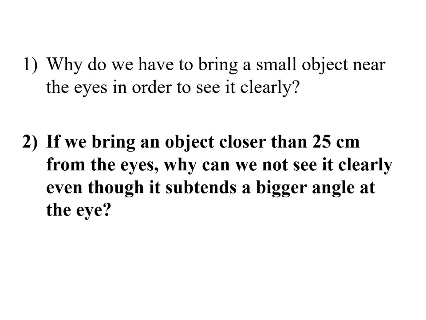And if we bring an object closer than 25 centimeters from the eye, why can we not see it clearly even though it subtends a bigger angle at the eye? These are the two questions you have to answer. After this session, you will get the answer also.